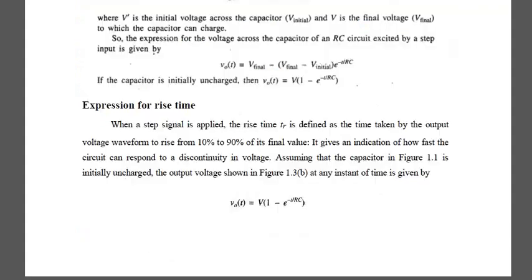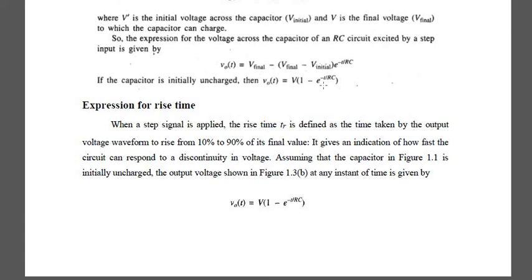Fine. So the response of that particular circuit when your step input is given is V naught of t equals V of 1 minus e to the power of minus t by RC. The expression for the voltage across the capacitor of an RC circuit, when you give a step input, is V naught of t equals V final minus (V final minus V initial) e to the power of minus t by RC, where we have taken the common factor.